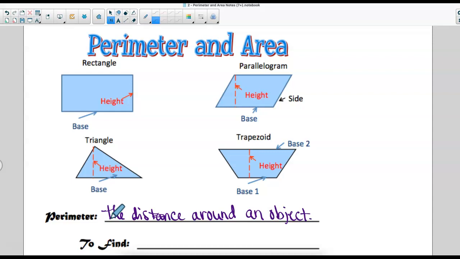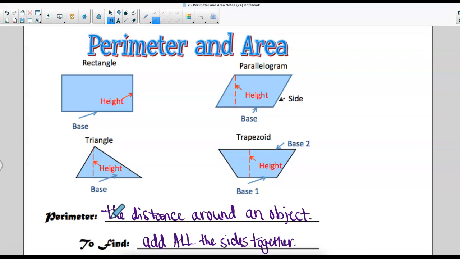Okay, and now that's going to depend on the object, right? Every object might have different number of sides, different numbers that go with it. So to find it, you really just add all the sides together. Okay, so we're just adding.